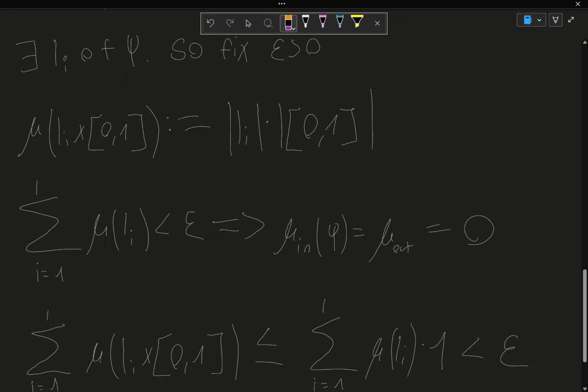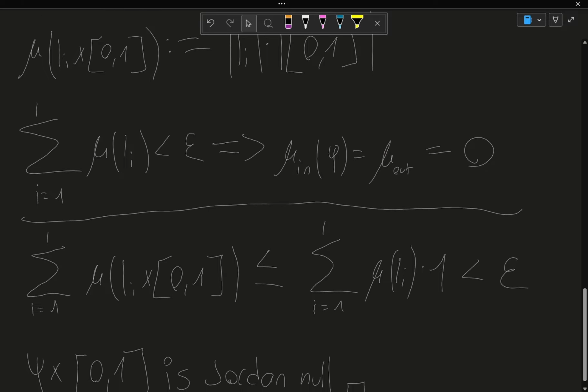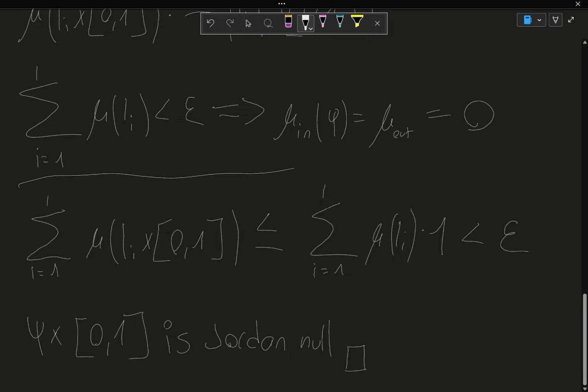If they give you that your psi is Jordan measurable, just write down the definition, because it really helps. If you're in an exam, just writing down the definition may get you some points. And if you write down the definition and you start with the proof right here, you may be able to see something that you otherwise wouldn't see.